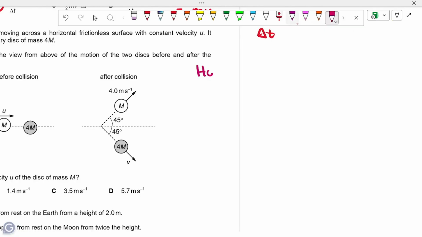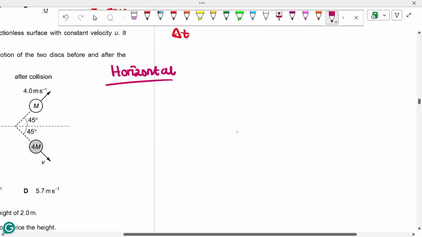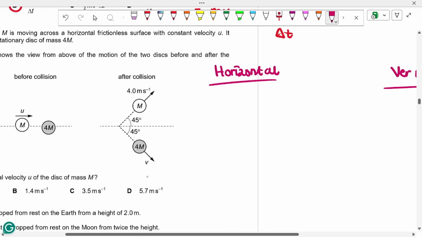Okay. So first on this side, I'm going to have my horizontal conservation. And separately on this side, I'm going to have my vertical. Then I'm going to solve my problem in both ways. So if I look at my horizontal, I can resolve 4 meters per second into two components like this.